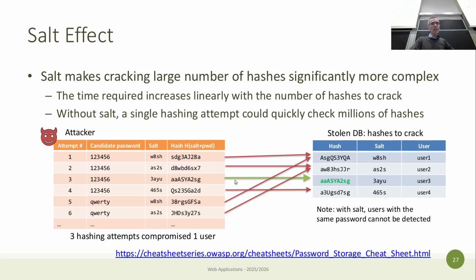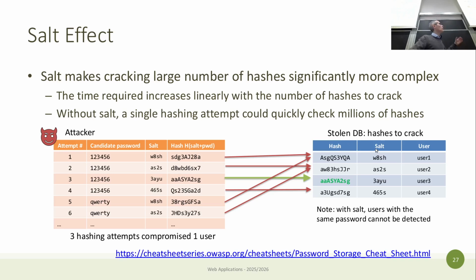But you see that at this point, even if you have the same password, you get different hashes because you are hashing the password plus the salt. And so an attacker needs to spend a lot more time to check if the password that he or she is guessing corresponds to some hash, because for each user it needs to add the salt.